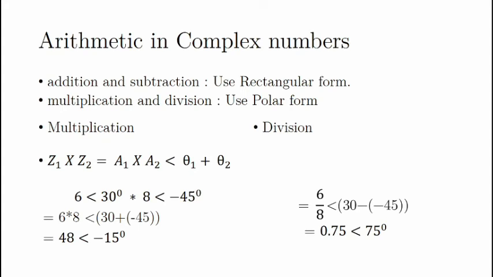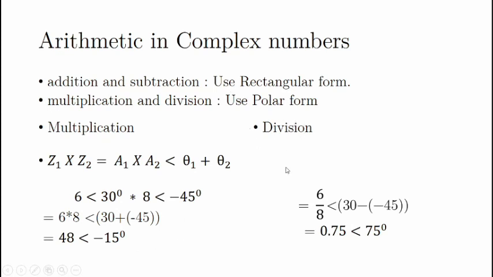So we have A1 into A2 angle theta 1 plus theta 2. If you have two polar values, 6 angle 30 and 8 angle minus 45, we can multiply the magnitudes, that is 6 into 8, and add the angular parts 30 and minus 45. So we'll get the answer directly.